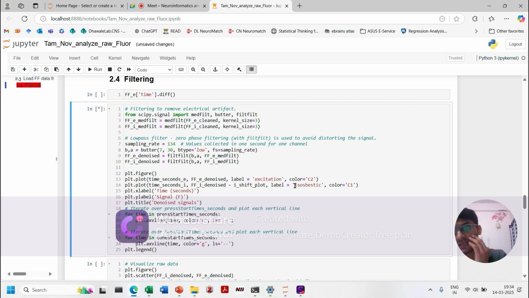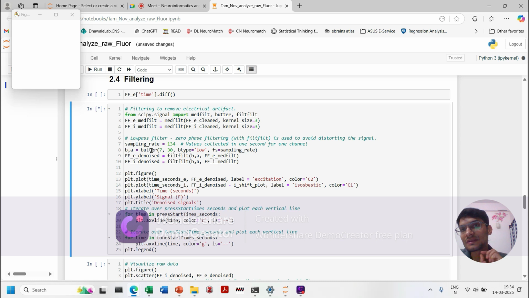We expect our signal to behave in a certain range, and that's why I am applying a filter of 30 hertz, because I don't expect my dopamine levels to fluctuate faster than that. So I am plotting that.